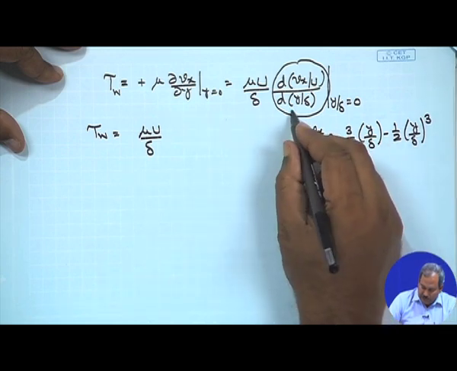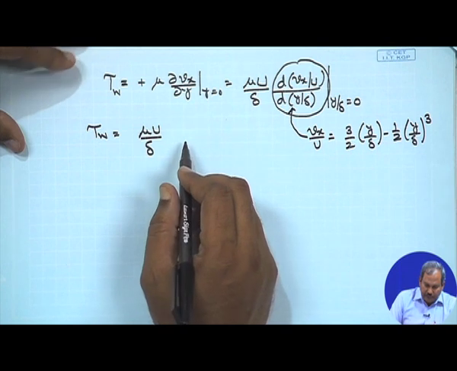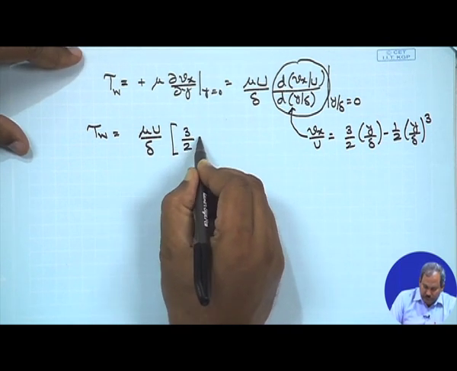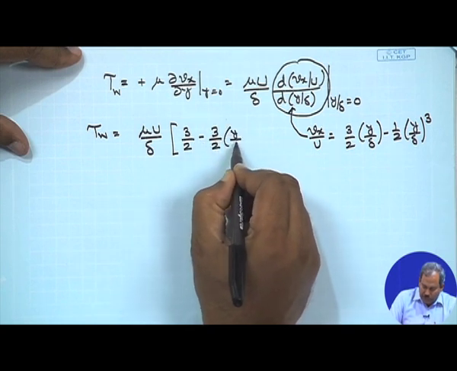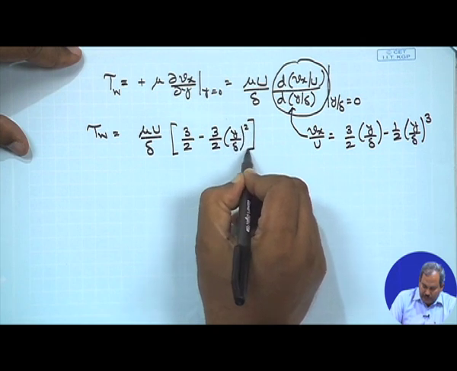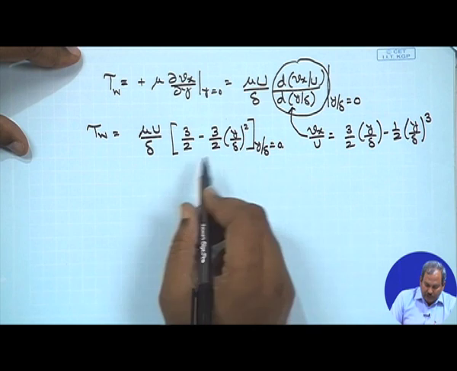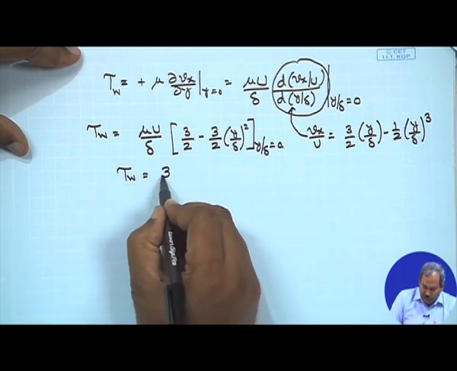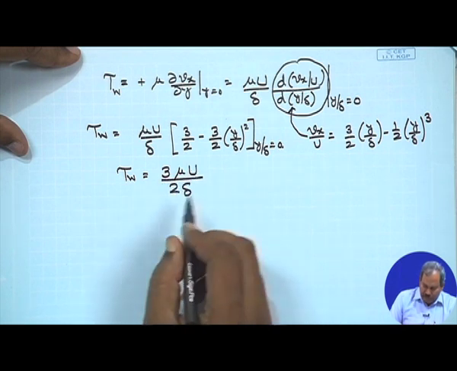When I plug this in and take the differential, what I would get is 3 by 2 minus 3 by 2 y by delta square, everything evaluated at y by delta equal to 0. So this tau w would therefore turn out to be 3 mu u by twice delta.